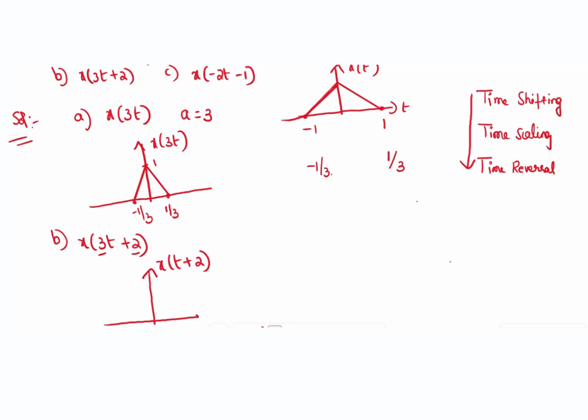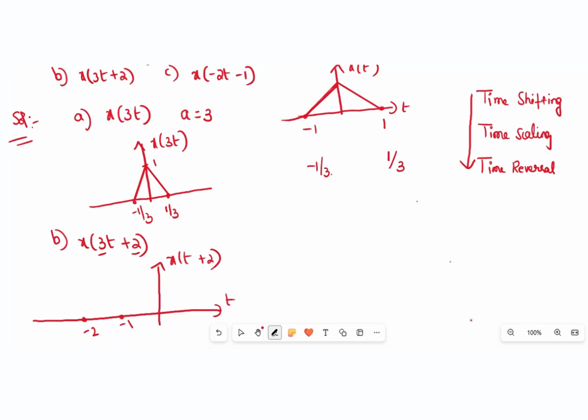Where you have to shift this signal? You have to shift this to minus 2. This may be the minus 2. So this is minus 1. So you have to shift up to minus 2.